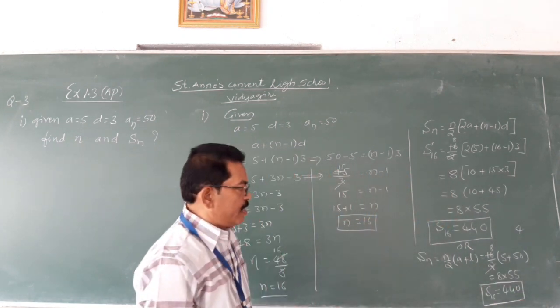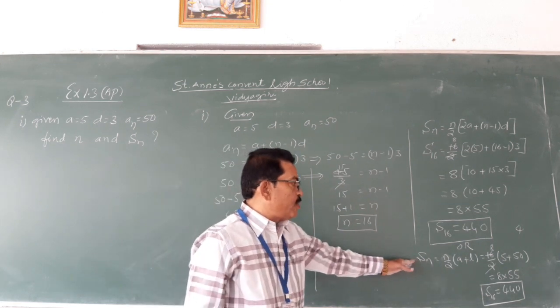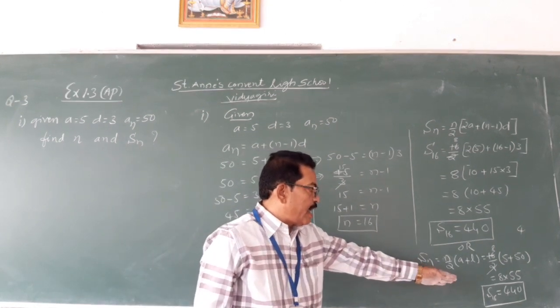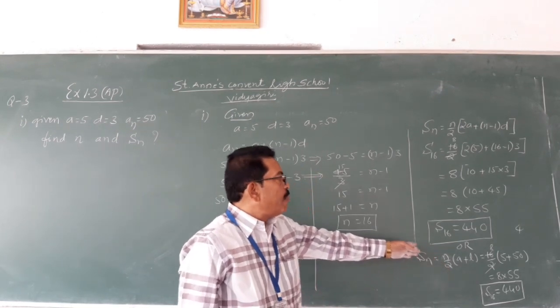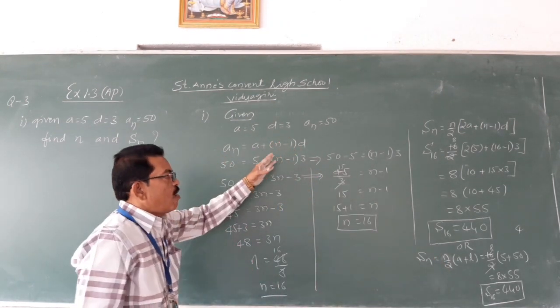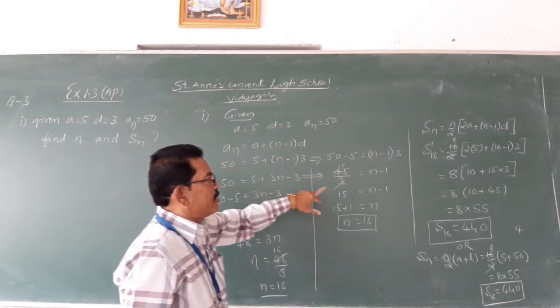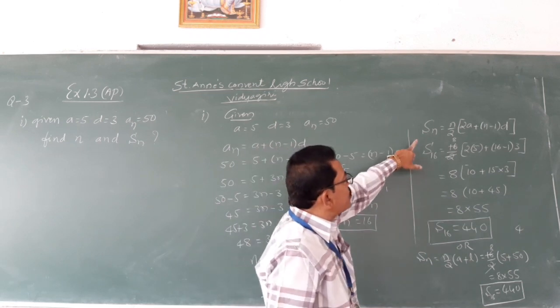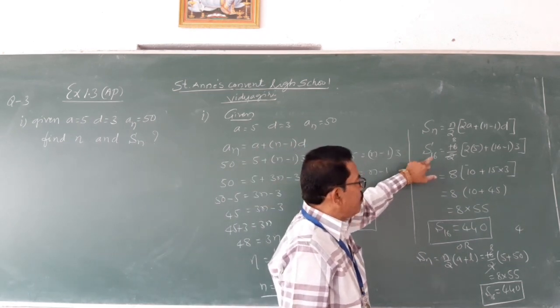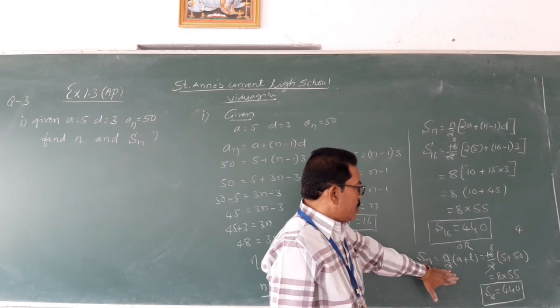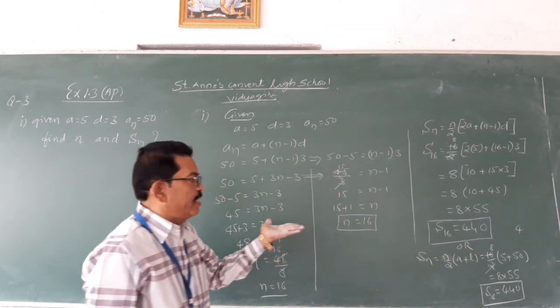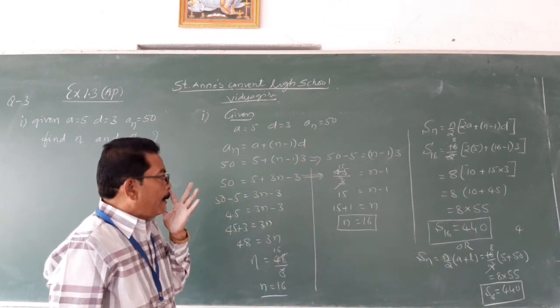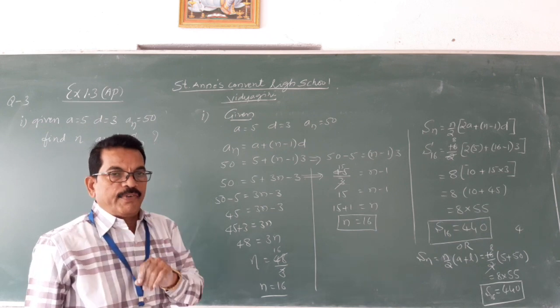See, in the examination this is the best way to calculate Sn or S16 by using this formula. For calculating practice, I am using this formula. In both methods I have solved it, so you can practice whichever is easier. But you should remember the formula perfectly.